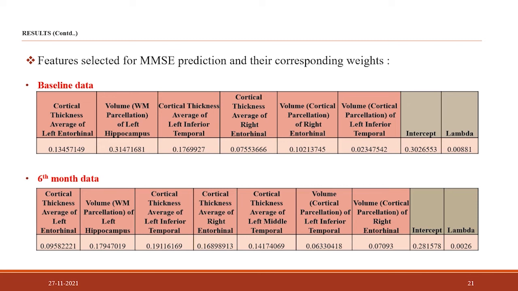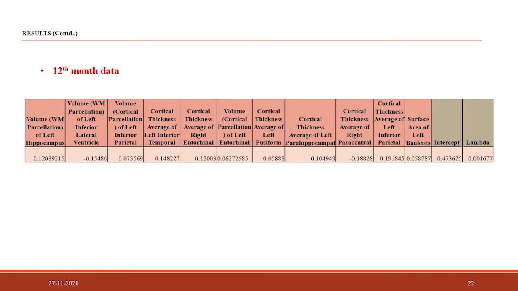These are the features selected for the baseline data. Similarly, for the 6 month data also, another set of features was selected, which showed high prediction accuracy. So these are the features selected for the MMSE prediction for baseline, 6th and 12th month data.